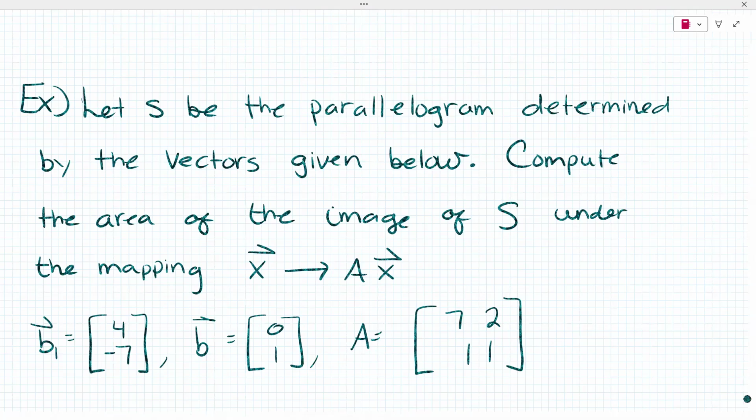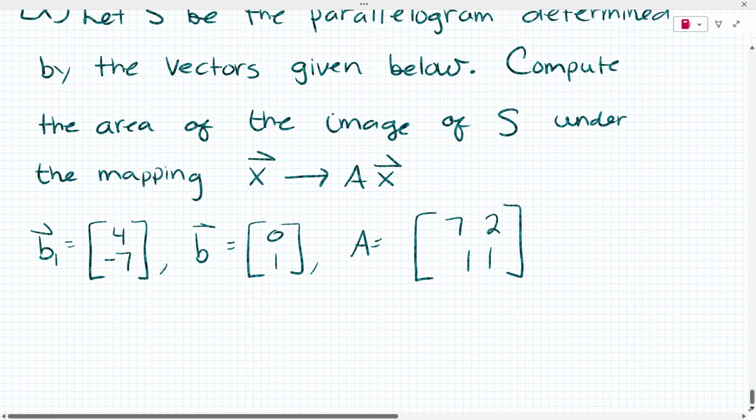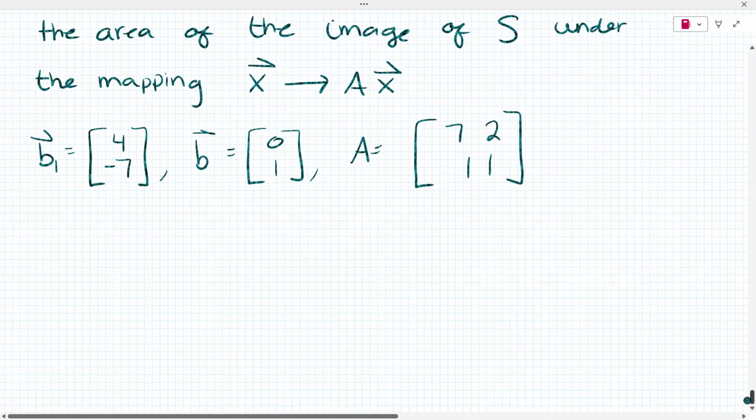We are given vector b1, vector b2, and matrix A. Vector b1 is 4, -7. Vector b2 is 0, 1. Matrix A is 7, 1, 2, 1.